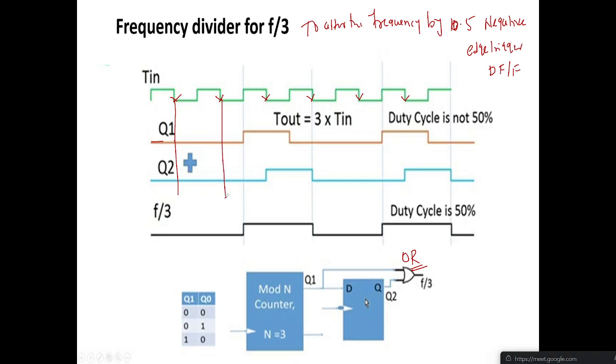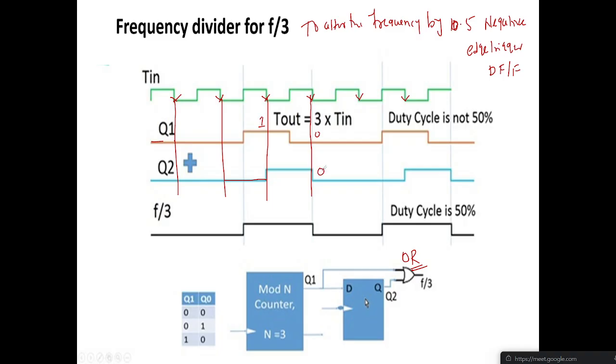This will be 0 till the next negative edge. During that negative edge, it will check the input. The input becomes 1, so now it becomes 1. Again, it will check during the next negative edge.